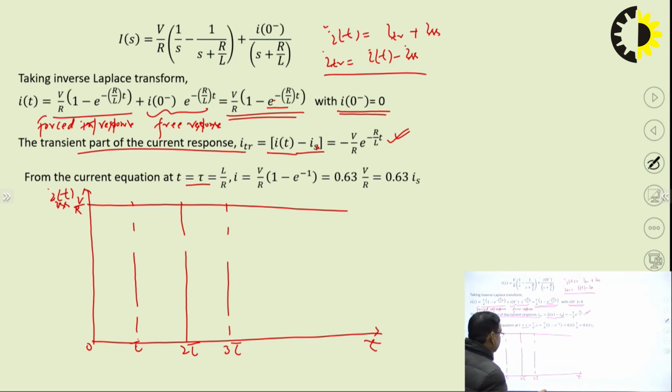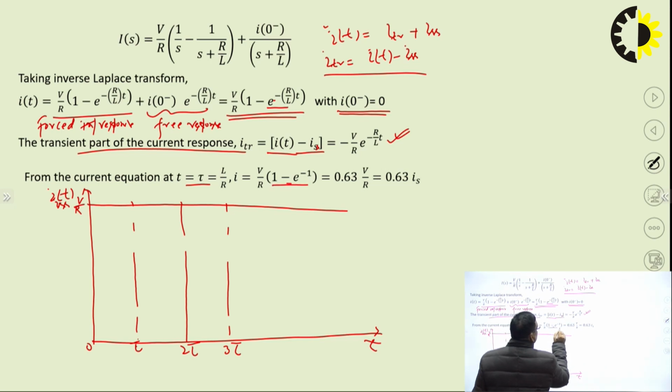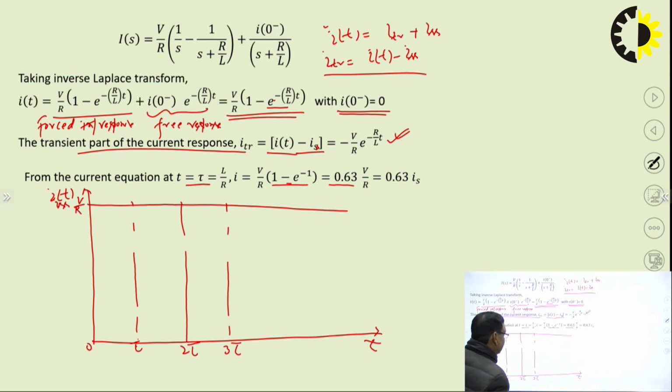So, when t is equal to tau, where tau is L upon R, this is V by R into 1 minus e to the power minus 1. So, it comes to 0.63 into V by R. And what is V by R? V by R is the steady state value of this current. So, for one time constant the value of current will rise to, say, this 0.63 V by R.